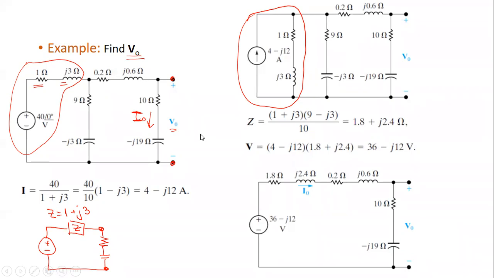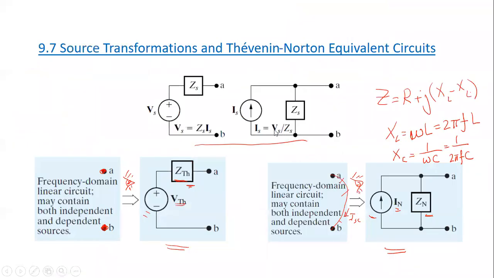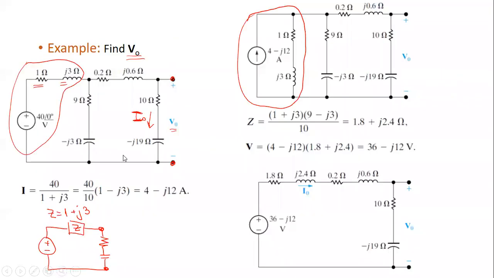According to the source transformation, we need to divide the voltage source by the impedance. So the current is equal to the voltage source, 40 at angle 0, divided by the impedance, 1 plus J3. And this is the division.